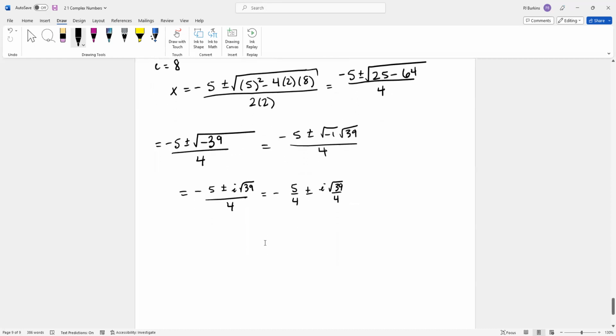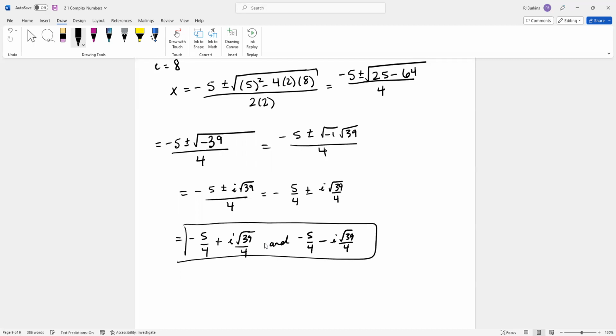And then my two solutions would be minus 5/4 plus i times root 39 over 4, and minus 5/4 minus i root 39 over 4. So unfortunately, that's as nice as you can make that one.